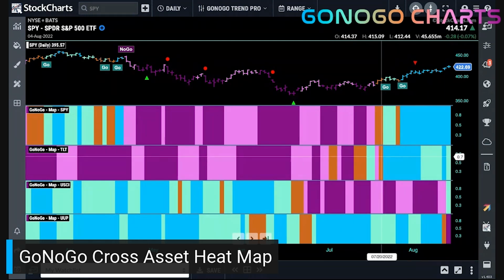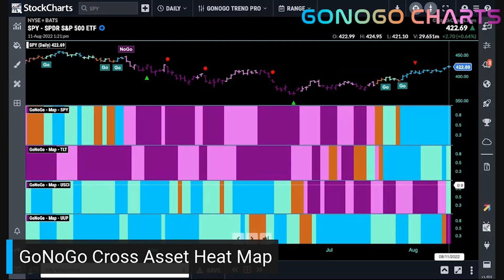Now, the real areas of, I guess, depending on who you are, I suppose, excitement or at least areas of interest, we're seeing commodities recapture a go-colored bar here with that first aqua bar, and the dollar today painting a no-go bar. That is really something we haven't seen on the dollar chart.